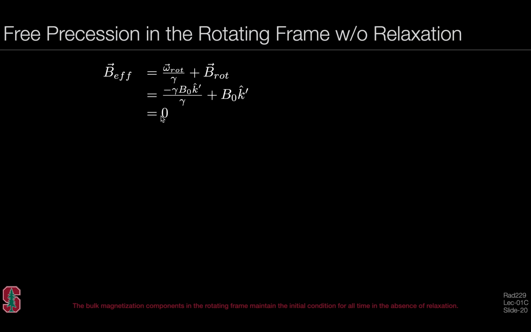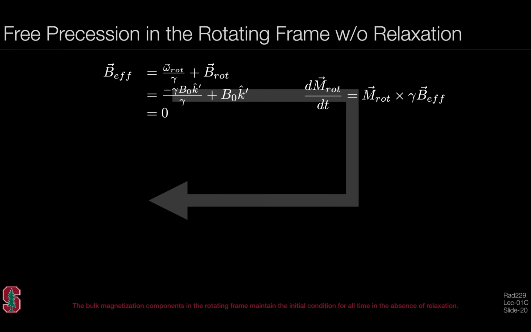And this is sort of the value, if you will, of working in the rotational frame, that if we only have the presence of the externally applied B0 field, there is essentially no effective B field apparent in the rotating frame. And so now we can take the effective B field, we can use that in the rotating frame description of the equation of motion.